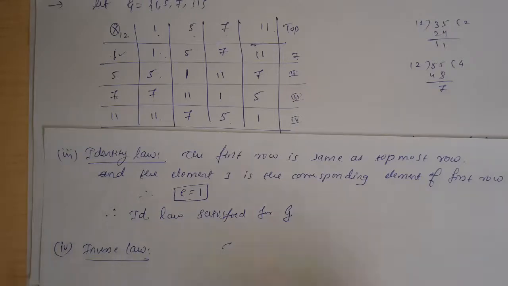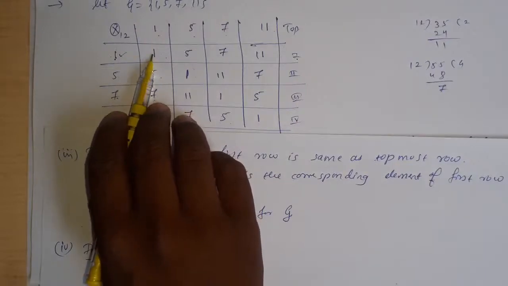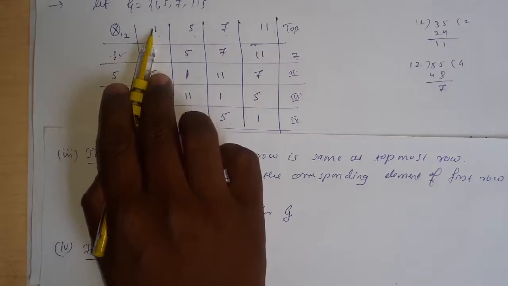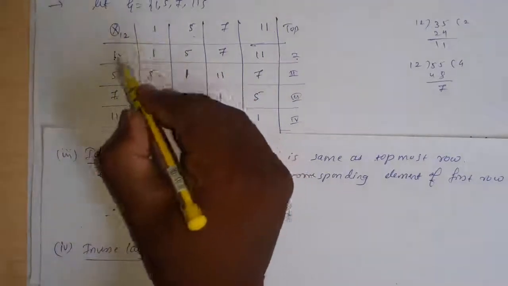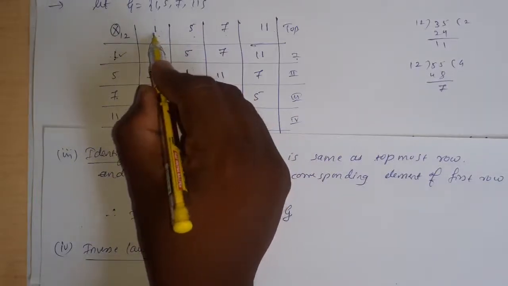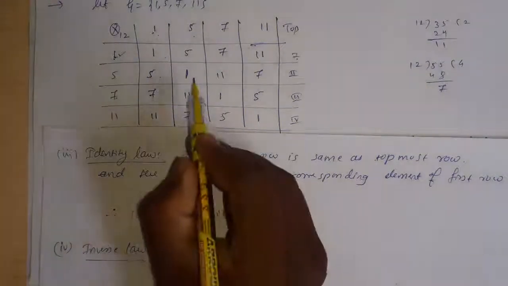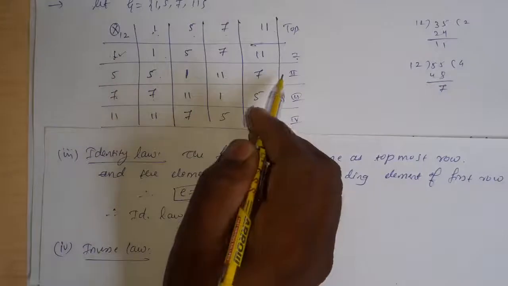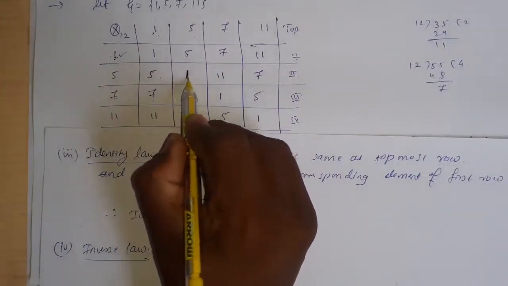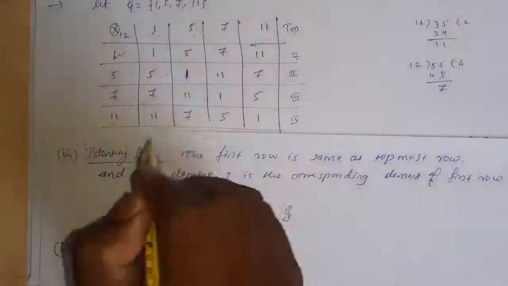In the first row we have 1 here, and the corresponding element of this row is 1, and this is also 1, means we can say that these two are the inverses of each other, means inverse of 1 is 1. This is for the first element. Next, in the second row 1 is there, and corresponding to this 1 we should go horizontally and vertically.